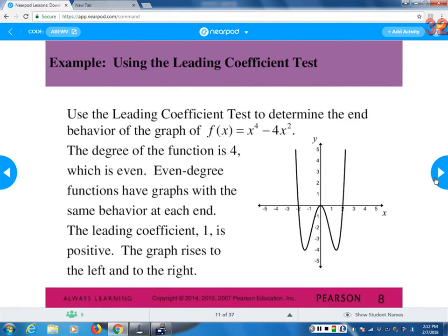You can see past the leftmost 0 at -2, it's rising to the left. Past the rightmost 0 at 2, it's rising to the right. So that's the graph. The degree of the function is 4.